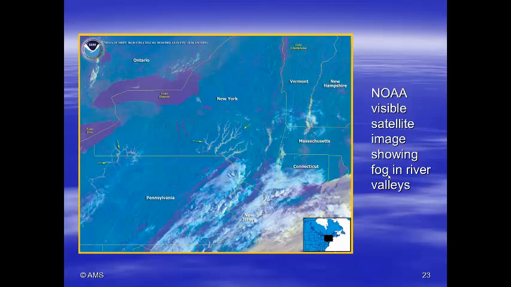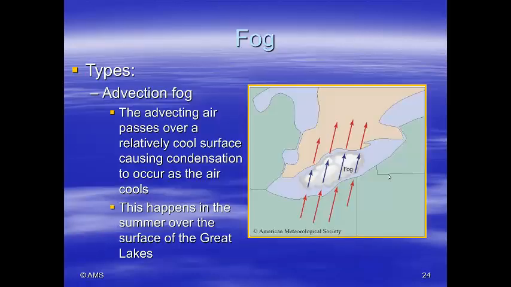If you look, you can see the fog visible from these NOAA satellites. And they're showing here we see the fog in river valleys. And what we're seeing is advection fog, where the advecting air passes over a relatively cool surface and causes condensation to occur as the air cools.